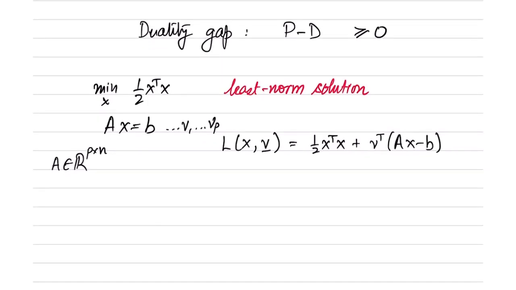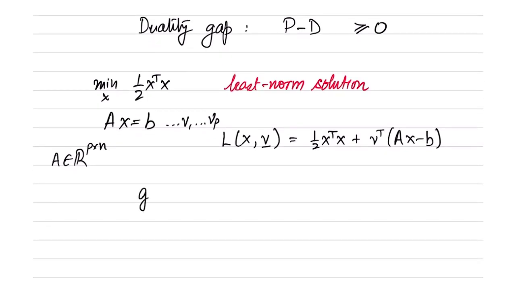Now let us find out the dual function. In this case, the dual function would be a function of nu, which is in R p. So the dual function is given by min over x of L of x comma nu, where x is any vector in R n. Now unconstrained minimization of the Lagrangian is easier than the constrained minimization problem that we were earlier dealing with.